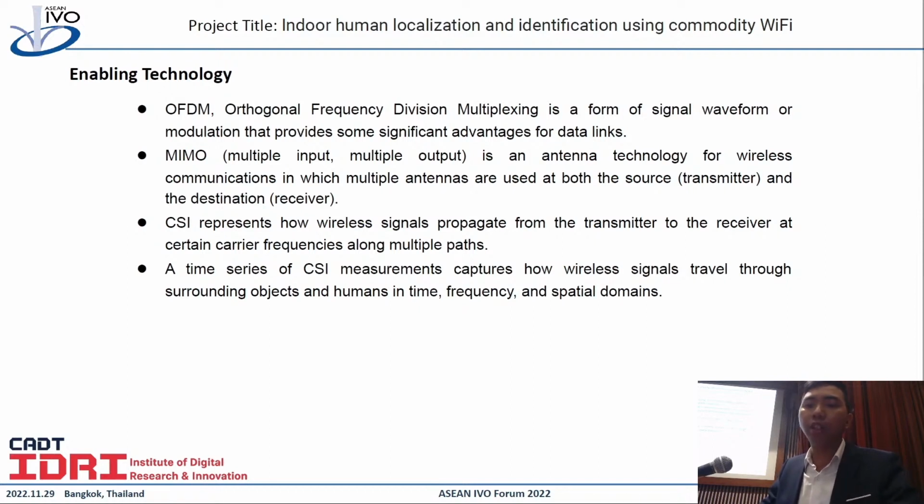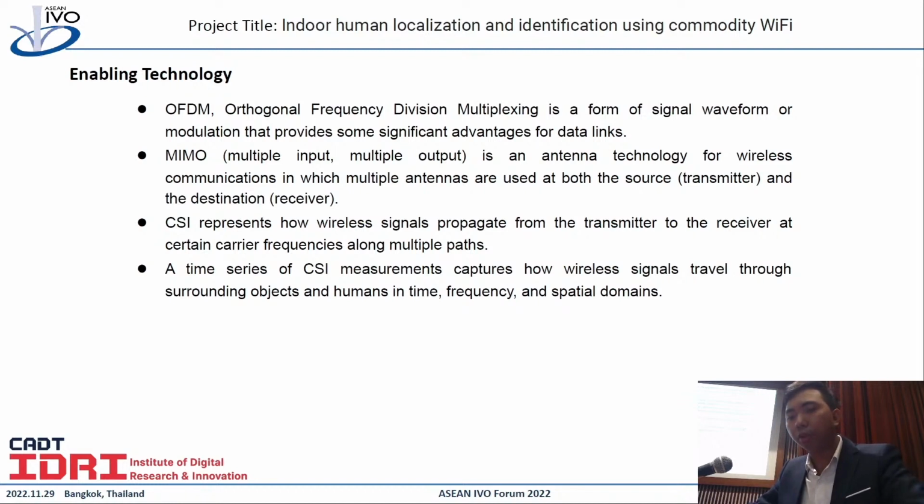Another thing is CSI, which is obtained by the OFDM technology. CSI is the information we get once the signal is transmitted from the transmitter, and at the receiver side you can get that CSI information. It is the channel state information of those small frequencies in wireless communication.